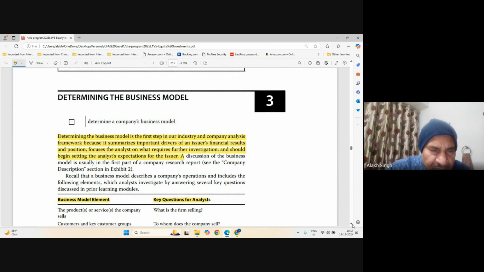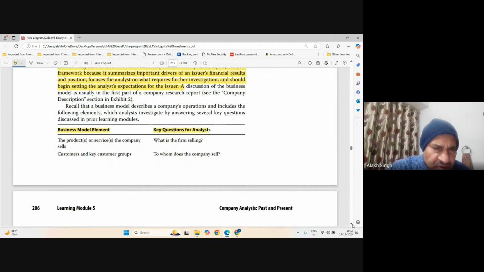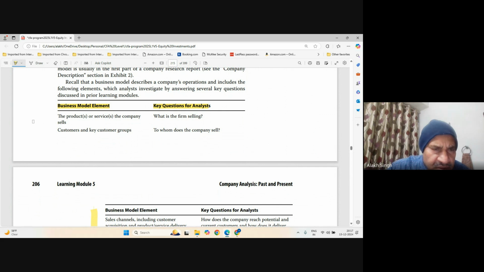So determining the business model, what questions do we ask? What the firm is selling is the first question, meaning the products or services of the company. Then, who are the customers and key customer groups? To whom does the company sell? One person or millions, or a few persons or millions?